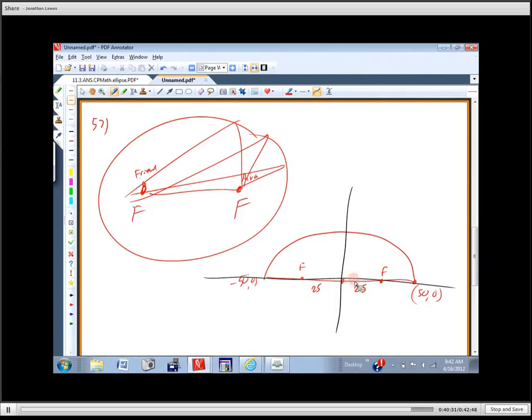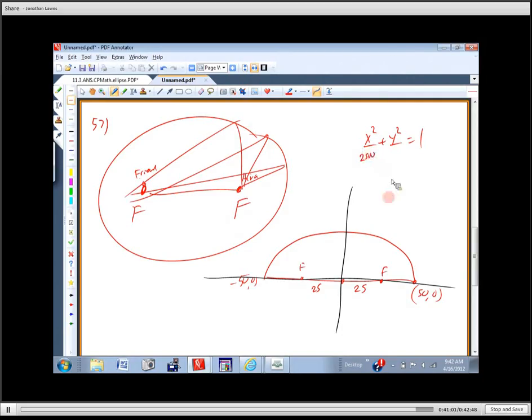Let's ignore that question. Let's say I gave this information to you and I just said, come up with the equation. Where's the center? Tells you this. What goes underneath here? What goes underneath the x squared? 50 squared, so that's going to be 2,500.